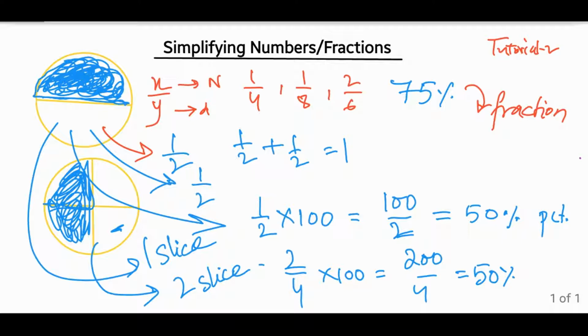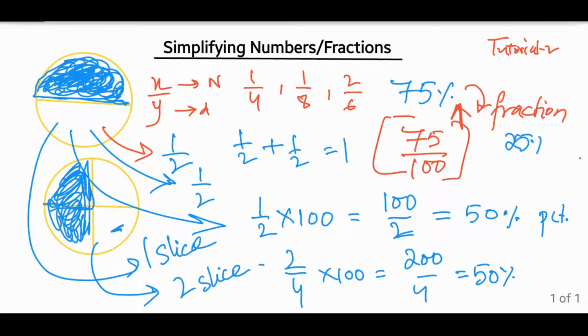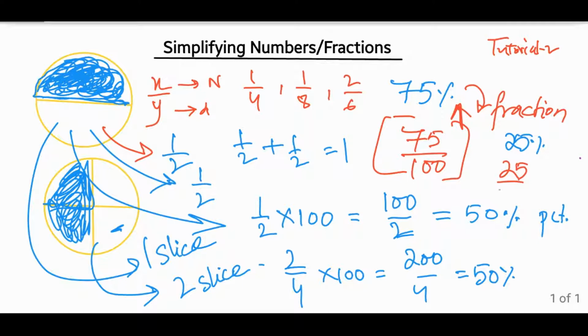As I told you, a percentage means a ratio expressed as a fraction of 100, so all you have to do is write 75 on top of 100. So this is the fractional form of 75%. Now if I have 25%, what will it be? You just have to write 25 on top of 100. That will give me the fractional form of 25%.